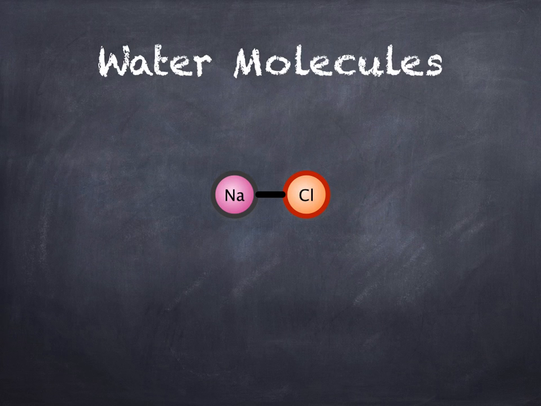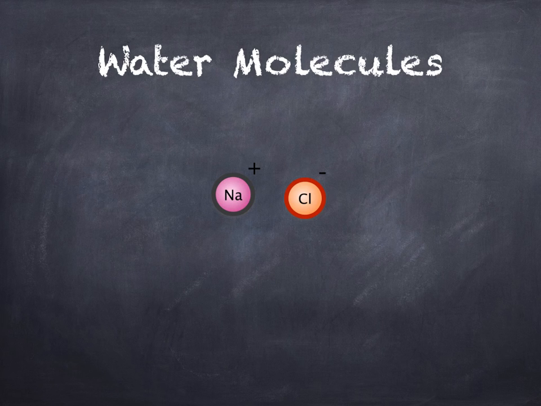But it turns out when you put it into water, it separates through something called solubility. It turns out this is soluble in water, and what happens is Na and Cl break up into Na and Cl ions. Notice that they have a charge on them, a plus and a minus charge. Water will separate and associate with these ions in a very specific manner.